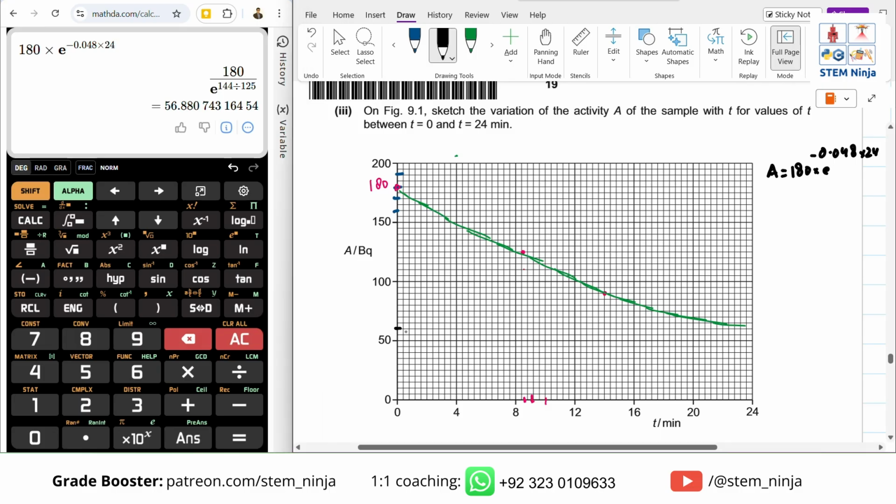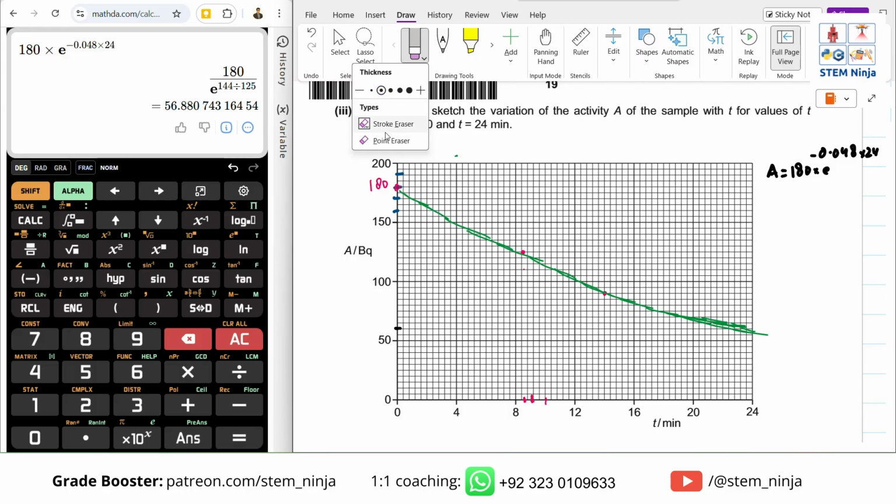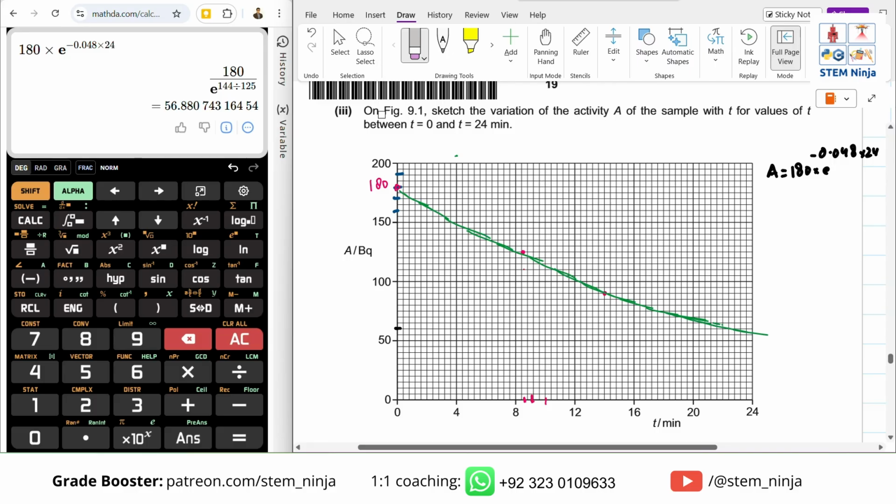So this is 60, so we're not that far off. We can actually keep on going downwards a little bit like this. So that would be 56 roughly. So we can erase a little bit of this. Okay, all right, moving on.